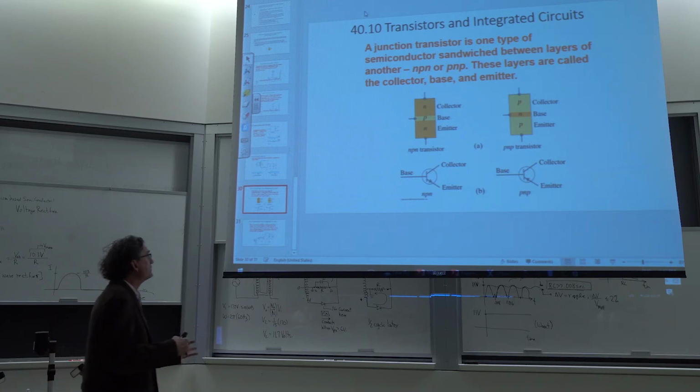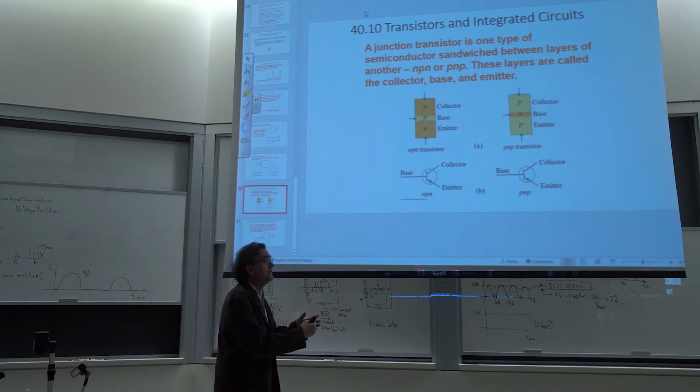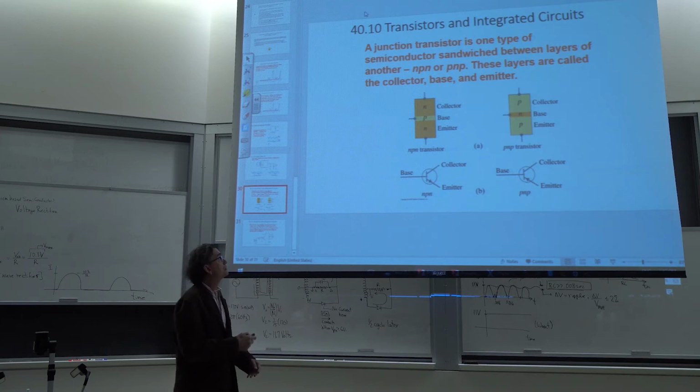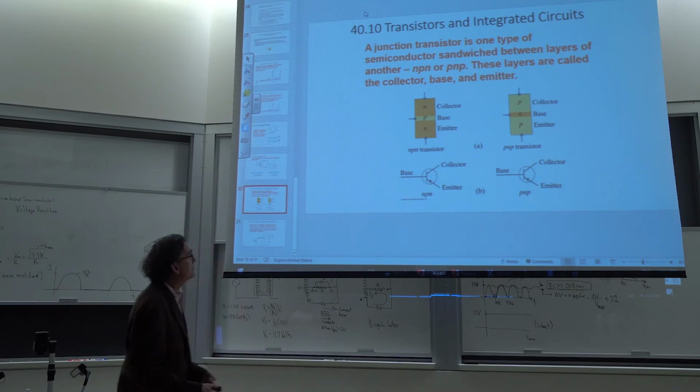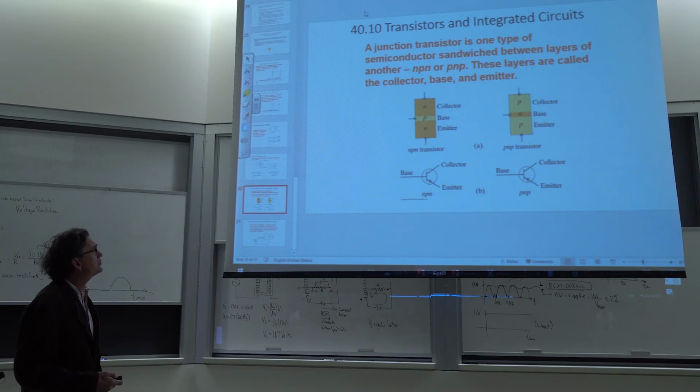And so instead of producing a PN junction, we can produce either an NPN junction or a PNP junction. Okay? We can do either one. Both types of transistors can be used.